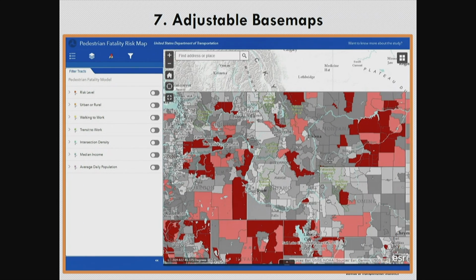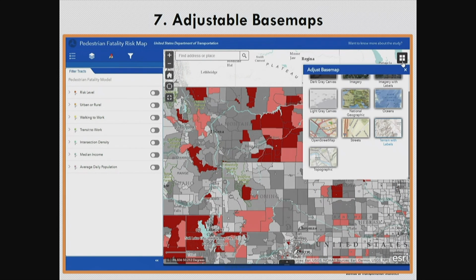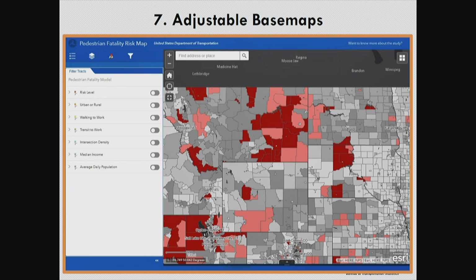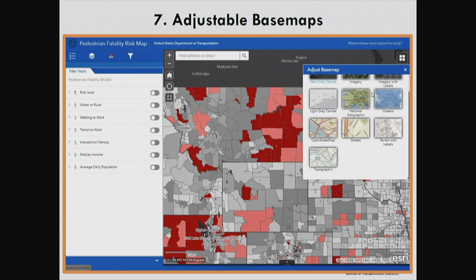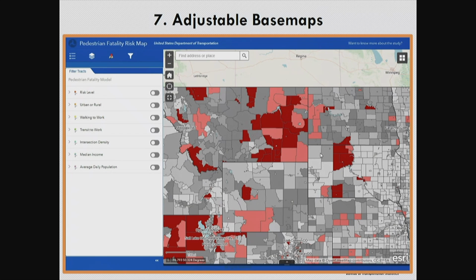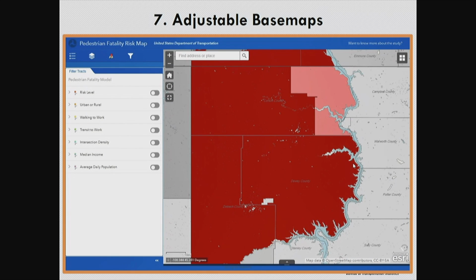And so in this case, since this model is looking at pedestrian fatalities, and road safety is such a large component of that, the base maps that are oriented towards streets, like OpenStreetMap, and the streets base map that's included, make more sense. Although, as you'll see here, I'm going to zoom into the Native American reservation in South Dakota.